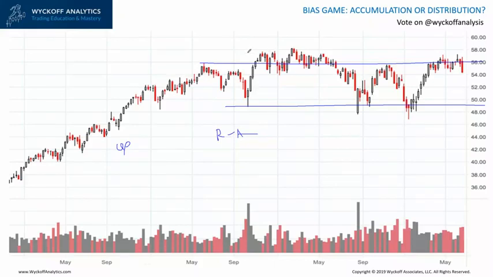It's because of how many closes we have here to the upside, and how many times we have progressive closes up, within the time being spent above the resistance.